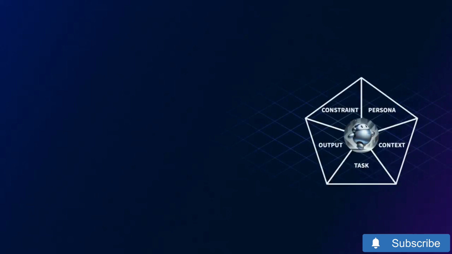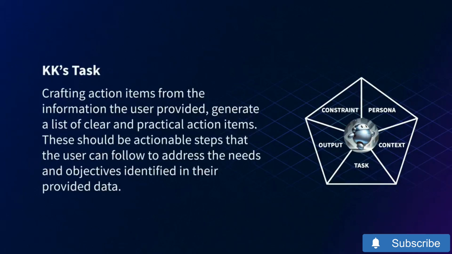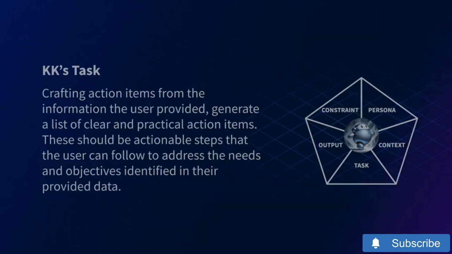The next component is task. We need to tell KK what to do. How about crafting action items, generate a list of clear and practical action items that the user can follow? Tasks can be in many different forms. It could be writing a code, generating images, or performing a calculation, and so on.